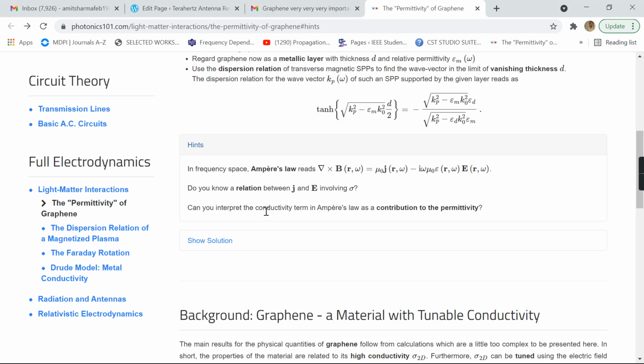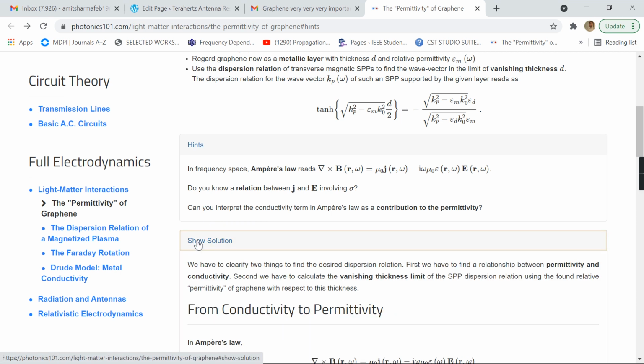One can relate it with the above Ampere's law equation, replace J by the relation J equals sigma E, and then take E common, so that one can get a relation between sigma and epsilon. We are seeing the solution also, so that it will get explained in a better way.